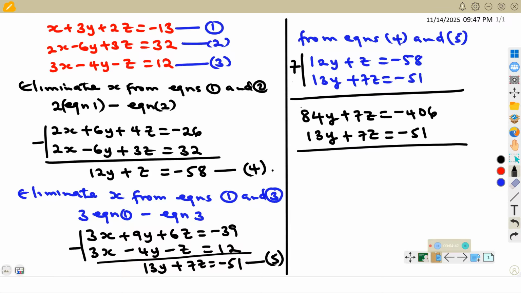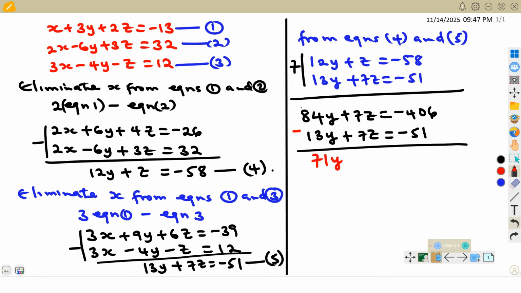After multiplying by 7 through, we get 84y plus 7z, which is equal to negative 406. From here, we need to eliminate z, and to eliminate z, we subtract. We get 84 minus 13, which is 71y, and the z terms give us 0. Then negative 406 subtract negative 51 leaves us with negative 355.